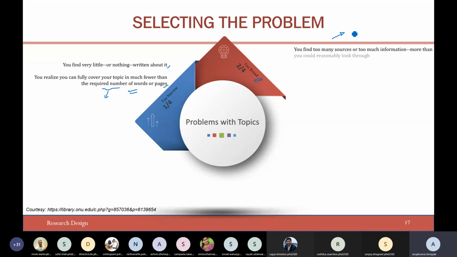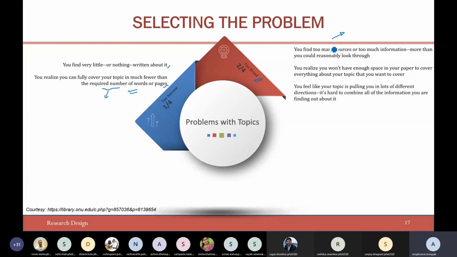What other things you should do is, you could reasonably look through, right? You realize you won't have enough space in your paper to cover everything about your topic. So you have taken such a broad area that you cannot fit it in one particular paper or one particular objective. Then also you should think how exactly you can split it and narrow it down.